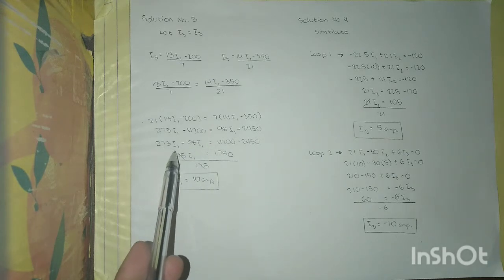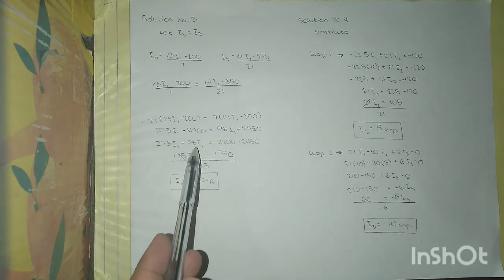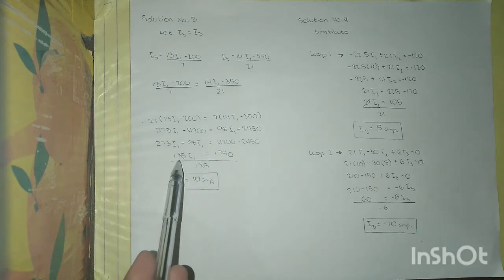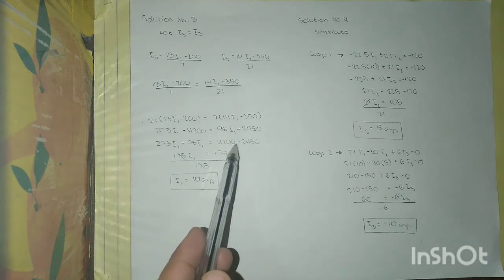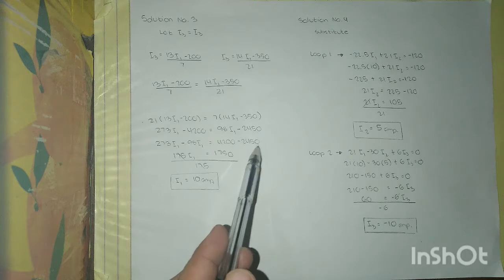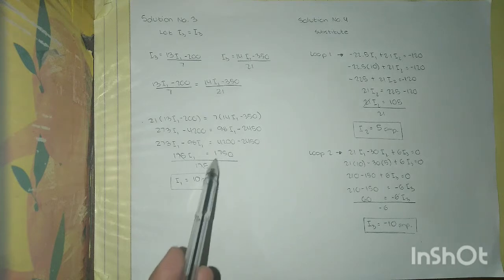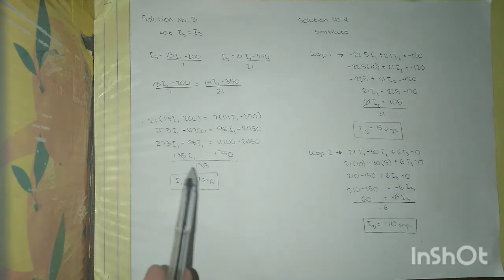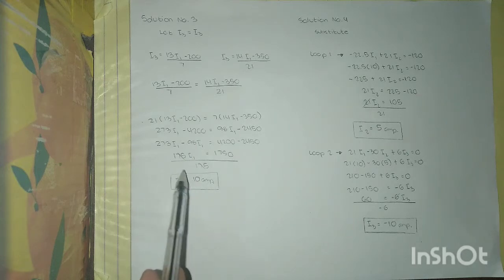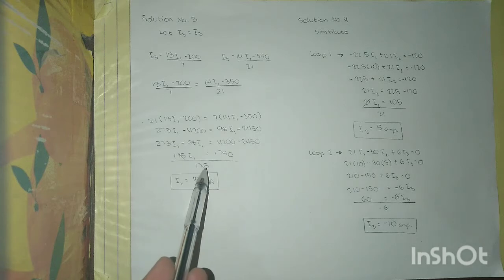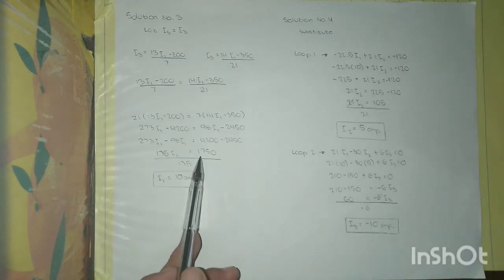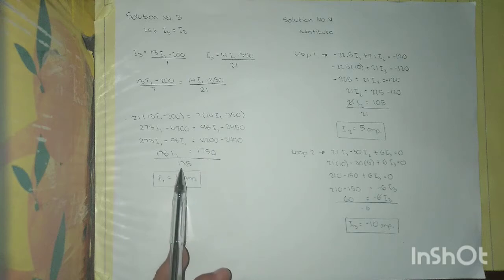So 273 I1 minus 98 I1 is equal to 175 I1, and then 4,200 minus 2,450 is equal to 1,750. To compute I1, divide both sides by 175. 1,750 divided by 175 is equal to 10. So I1 is equal to 10 amps.